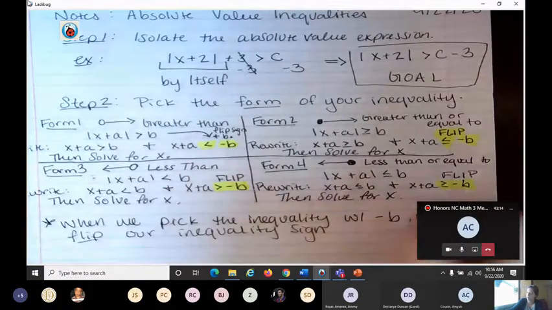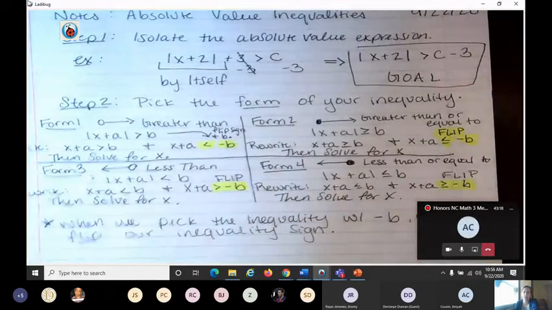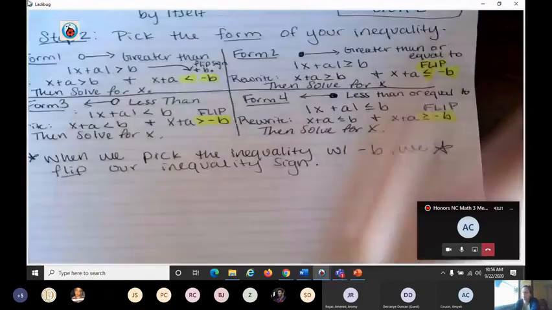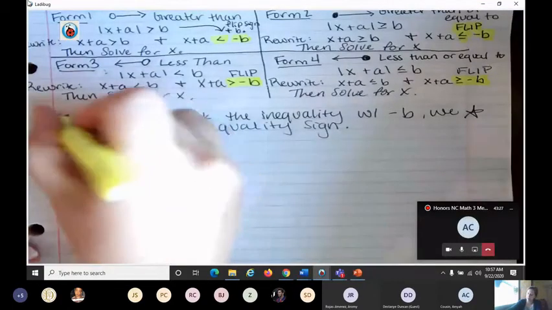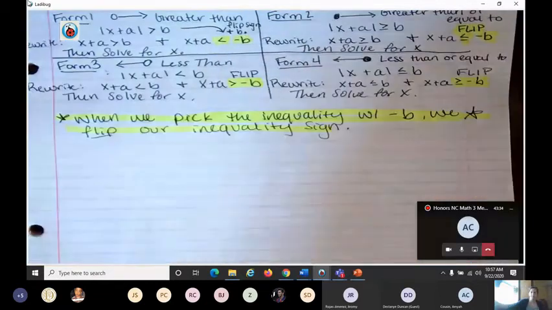If you feel like that's really obvious, you don't have to write that. Let me move it so you can actually see it. But that is what we're doing in each of the forms. That was the highlighted section, so I'll highlight it the same color. Okay, that's all we did for those little sections.